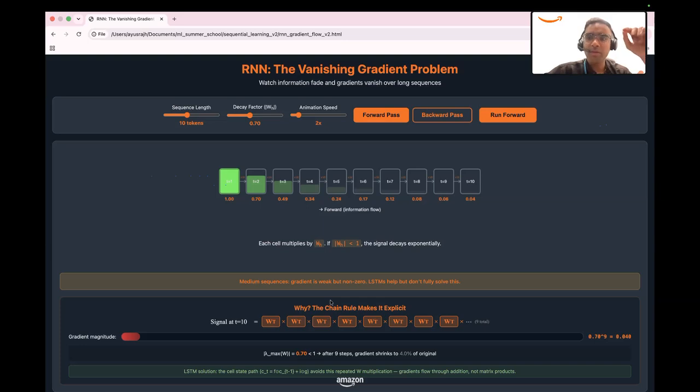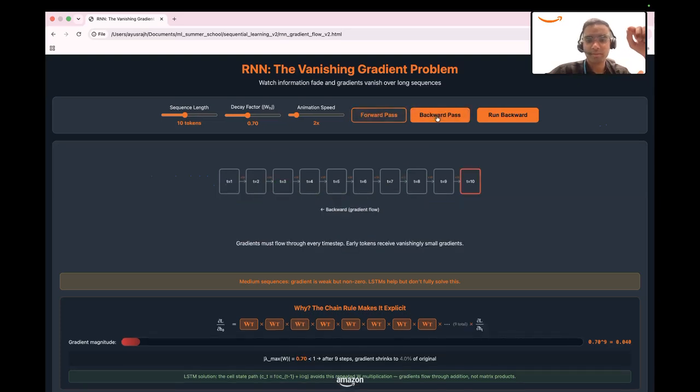Even if we are doing backpropagation to update my weights, there would be a vanishing gradient problem because of a similar phenomenon. Let's do the backward pass. On doing my backward pass using the chain rule, I have some output, and the output goes to my objective function.